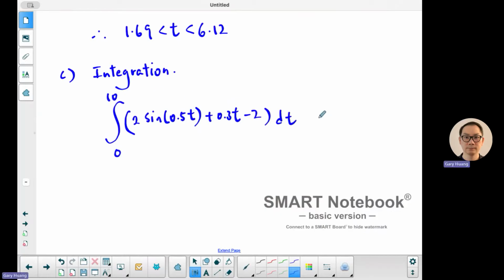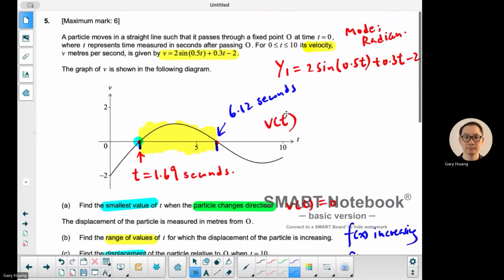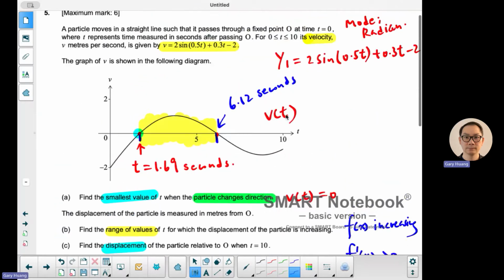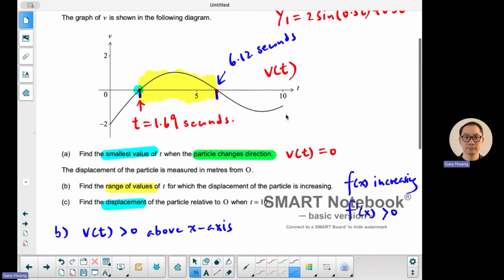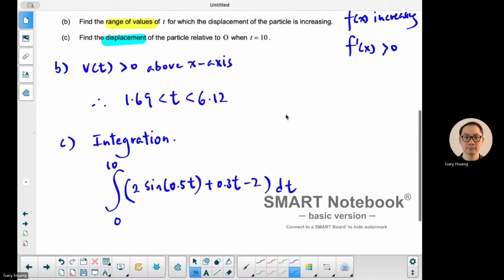So I need to know where it is at 10, subtract where it is at 0, right? And that's the displacement. That's going to give me the displacement after 10 seconds, when t is equal to 10.